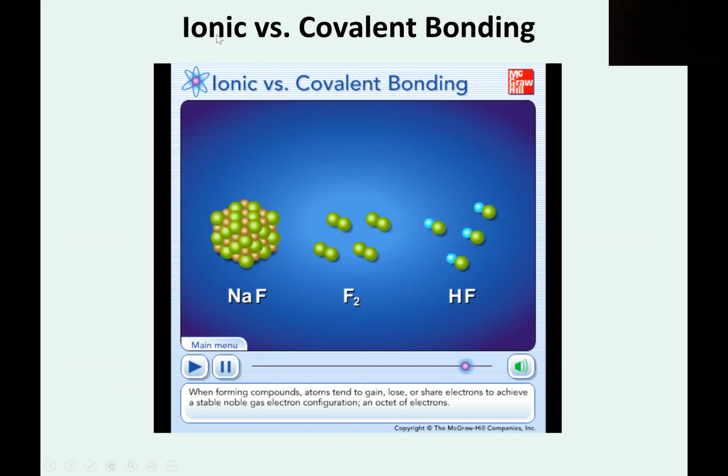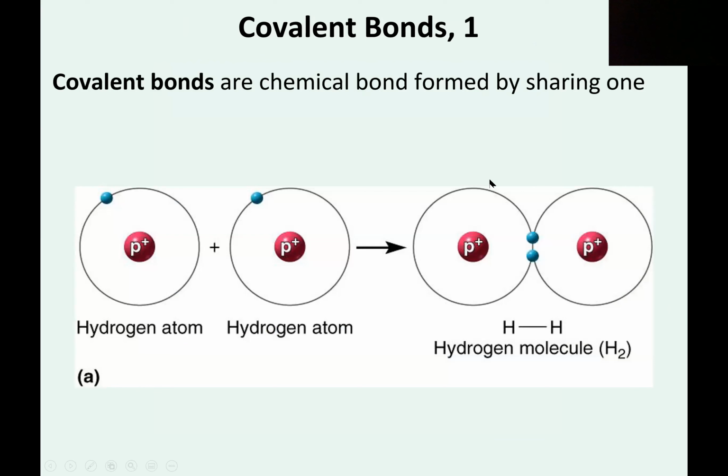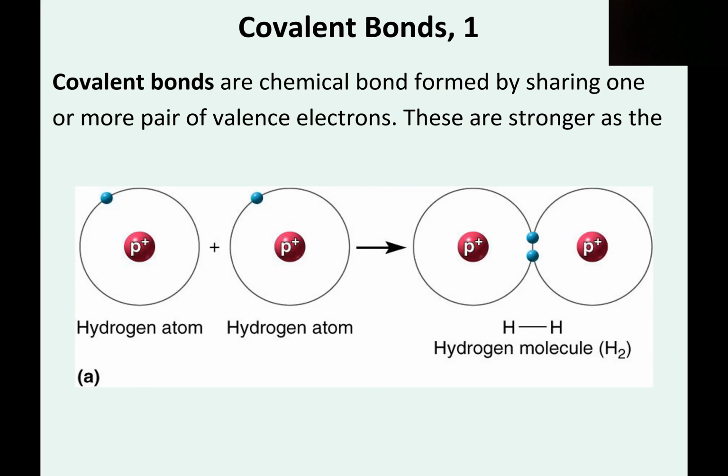So this compares the ionic bonds with covalent bonds. We've defined ionic bonds, and now we'll look at covalent bonds. Covalent bonds are chemical bonds formed by sharing one or more pair of valence electrons.